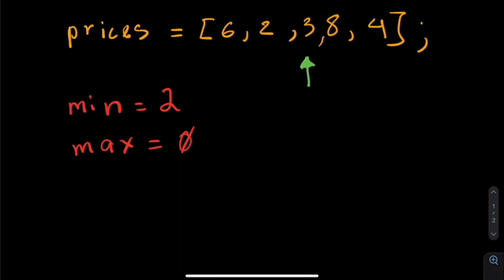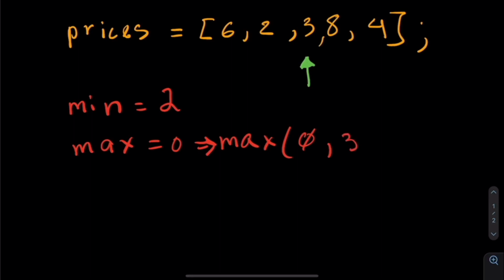No. Then we go to the max variable and check which number is bigger: the previous value of max, which was 0, or our current value, which is 3, minus the minimum, which is 2. That is 1, and the other is 0, therefore the max value is 1. So now we change max to 1.